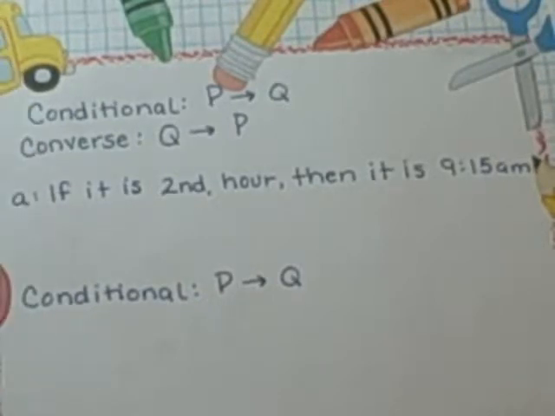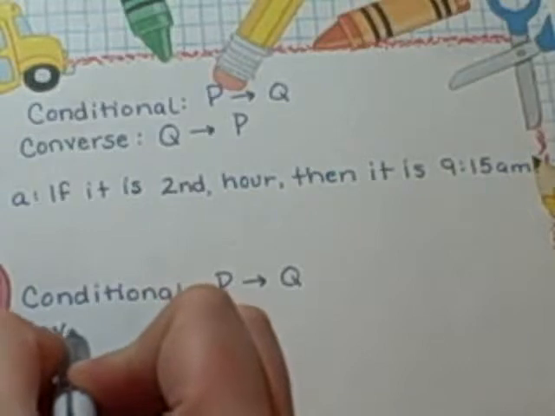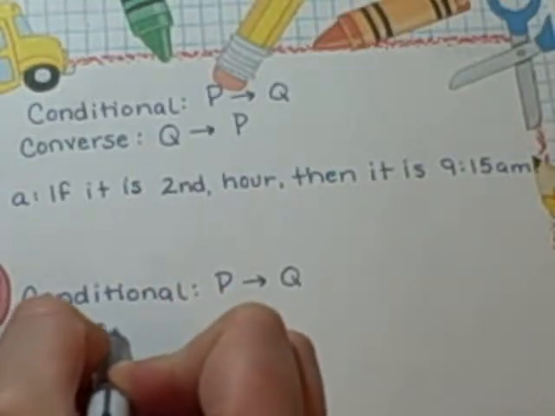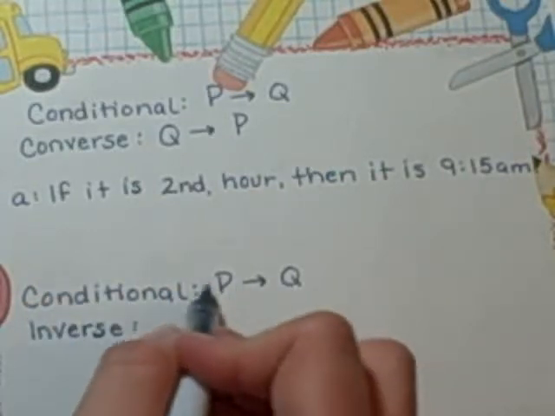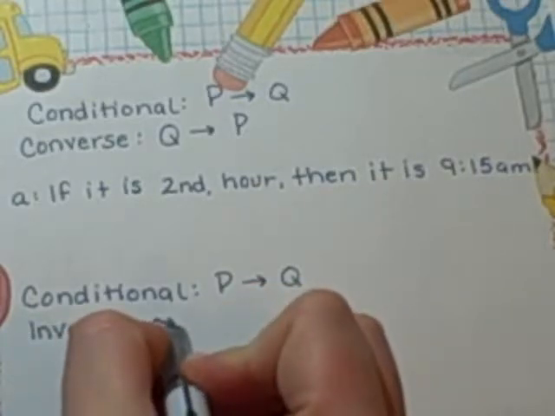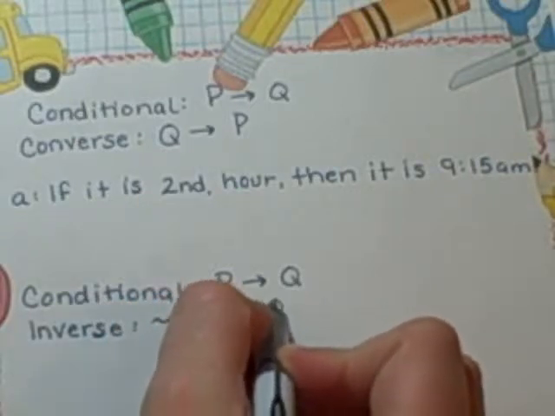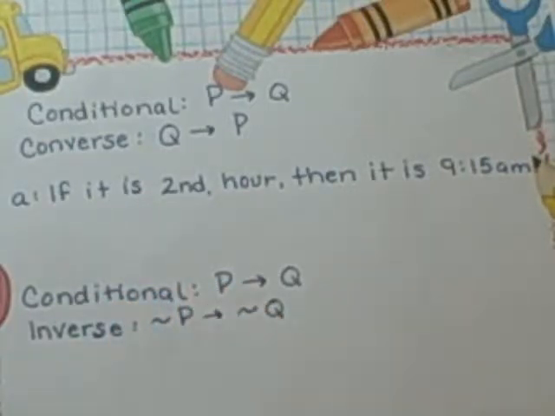And question 16 is asking me to write the inverse. The inverse is where you leave these two where they are, but you negate both of them. So it would be not P and not Q. Okay? So I still want to keep summertime first and then July second, but I'm going to negate them.